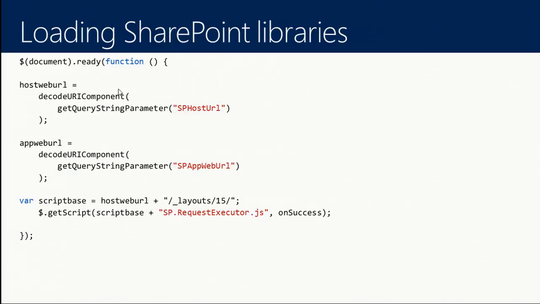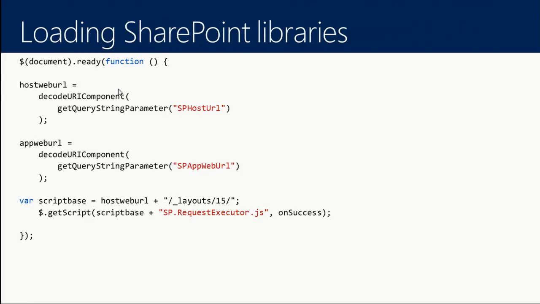So what happens when an app is created is that if you look in the app manifest, you'll see that the app is going to pass to you certain query string parameters every single time. And you can rely on these standard tokens, they're called, to be present in the call that's made to you when the app launches. And you can see here that we have SPHostUrl and SPAppWebUrl, which are some of the standard query string parameters that you receive that basically tell you what you need to know, like who's my host web, so I can call back into it, right?